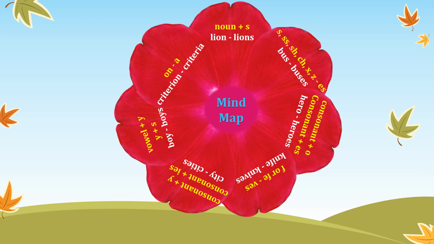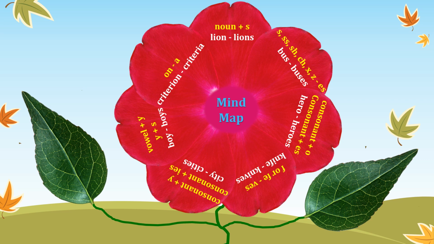But remember, we have learned 2 exceptions also. Exception number 1, some words completely change. For example, man will become men when changed to plural. Tooth will become teeth when we change them to plurals.